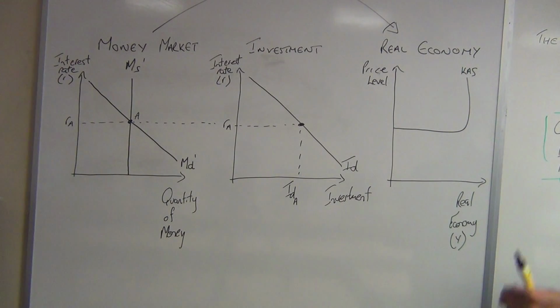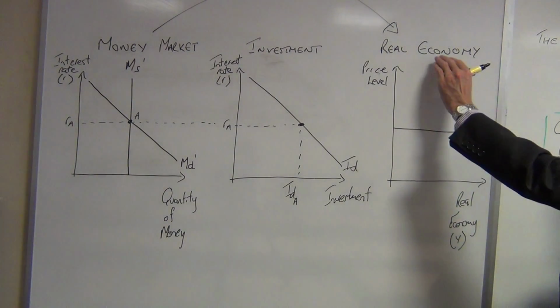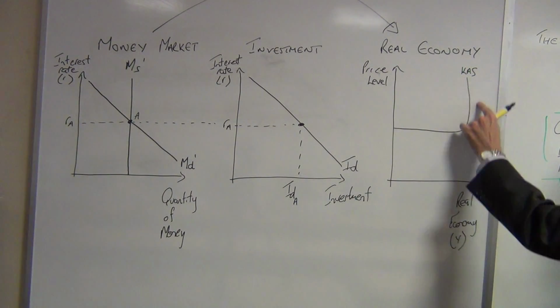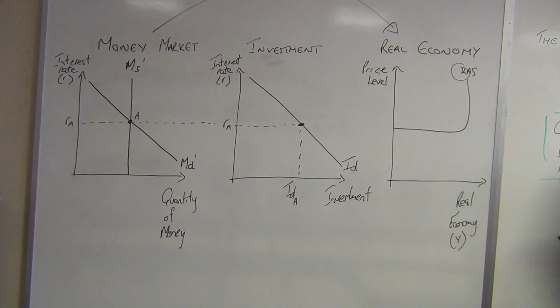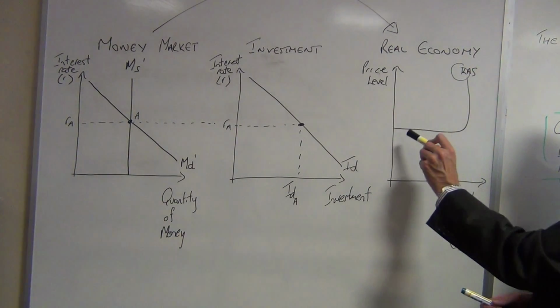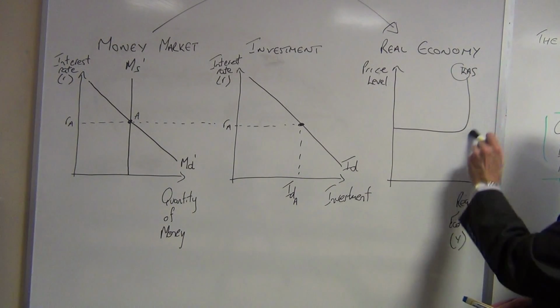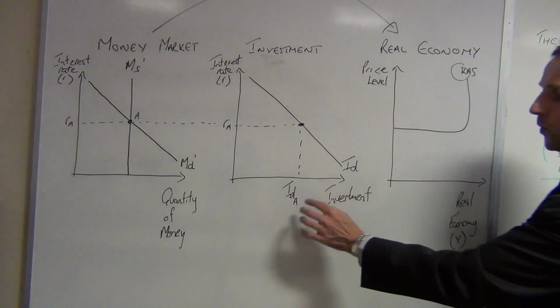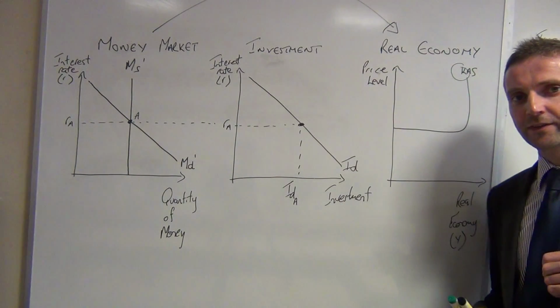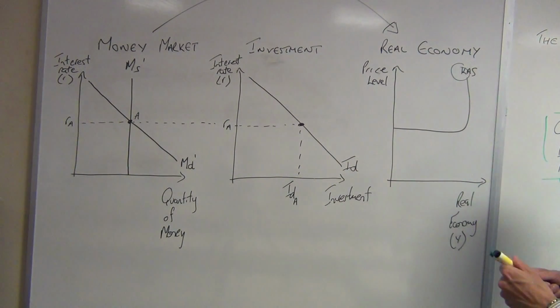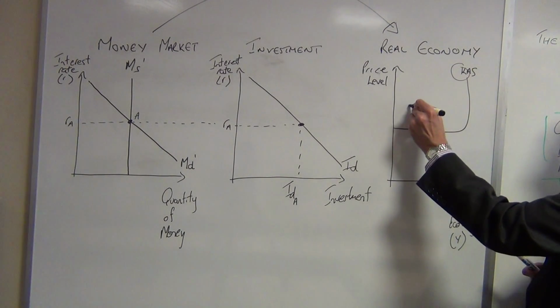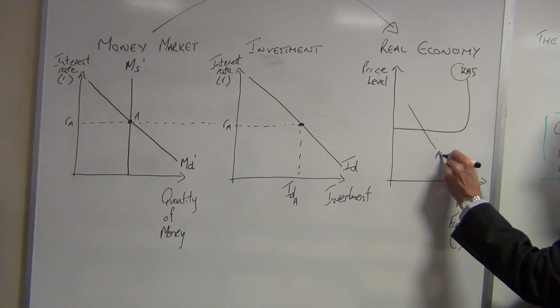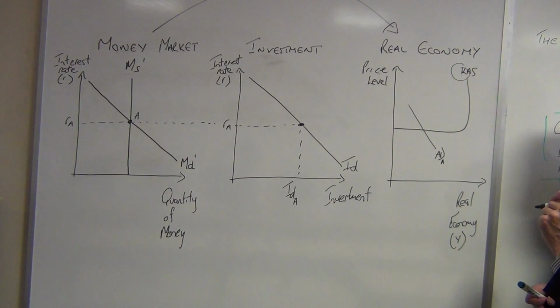Now, what's the impact on the real economy there? Well, you can see that we've drawn a Keynesian aggregate supply curve, KAS, and you should know all about the bottlenecks and so on in the Keynesian aggregate supply curve. This level of investment IDA, I'm going to assume brings forth a level of aggregate demand ADA.